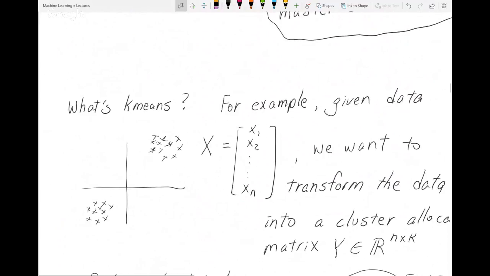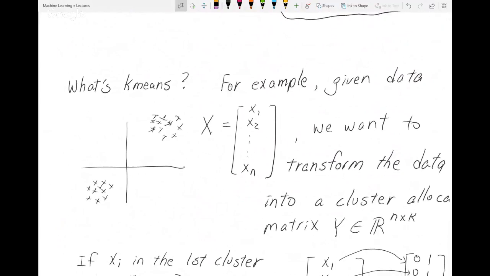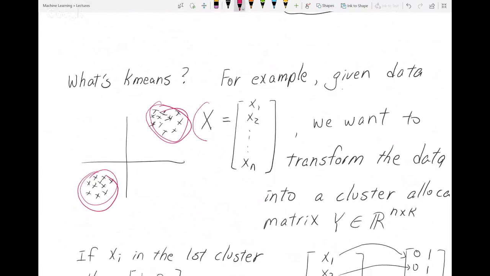So, what is k-means? Well, k-means is a way of clustering data. You have a set of data, and you want to cluster the similar ones into the same cluster. Let's say we have some data matrix X, where each sample is a single row.